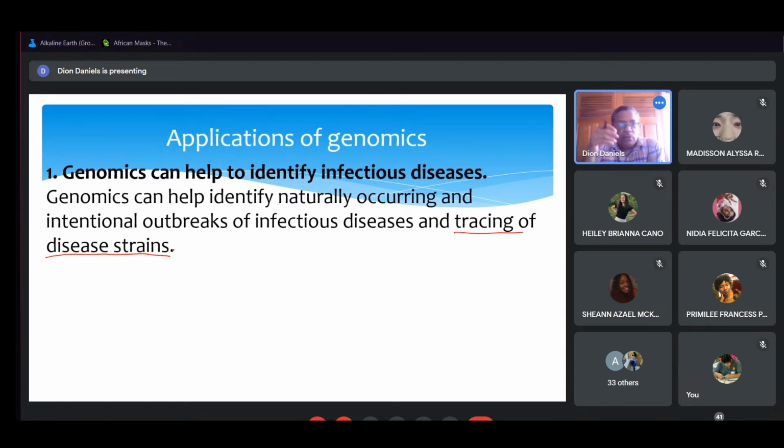When you sequence the genome of that virus, the SARS-CoV-2 virus is approximately 30 kilobase pairs. So we're talking about 30,000 bases. That is the size more or less of SARS-CoV-2. From the time it broke out, the genome of that virus was sequenced.